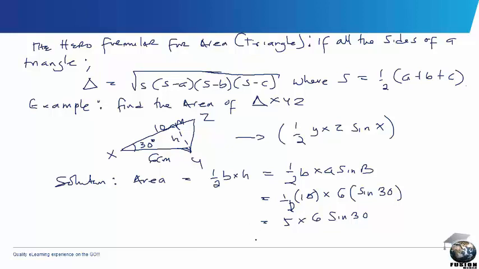So 5 times 6 is 30, times half, which gives you 15 cm. After computing your areas, you have to leave your answers in centimeters squared.